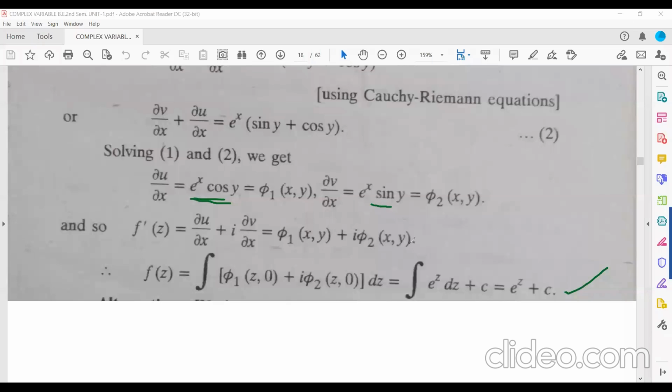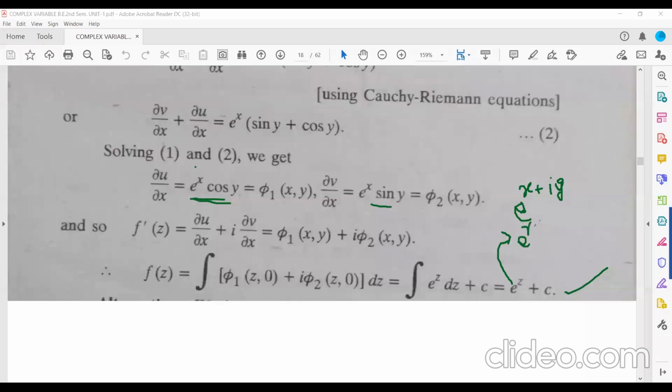And if you need to find u and v separately, very simple. In place of z, just put x plus iy.